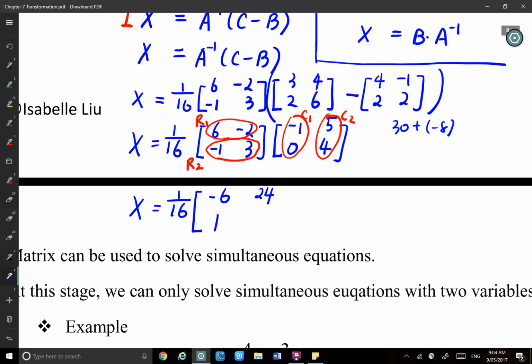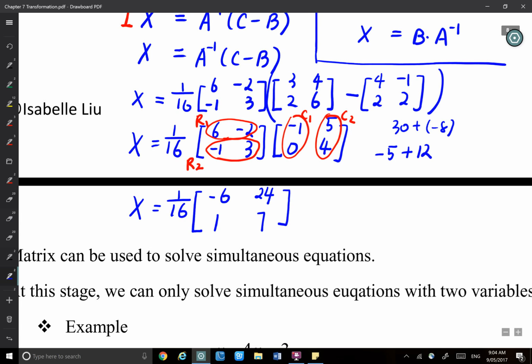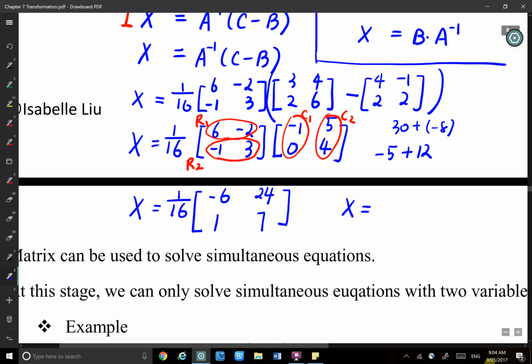And for row 2, column 2, you have minus 1 times 5, which is minus 5, plus 12, since 3 times 4 is 12. So you have 7 here. So X will equal to that, or you can put the 16 inside.